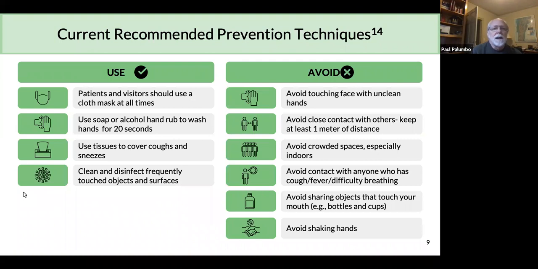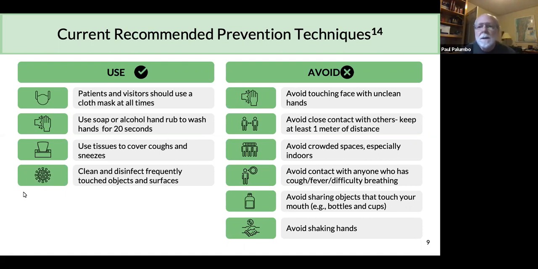They should use at a minimum a cloth mask at all times while in a facility. Soap or alcohol hand rub to wash hands for 20 seconds. Good practice pretty much anytime. Use tissues to cover coughs and sneezes. Pretty common sense approach. And clean and disinfect surfaces and objects frequently.